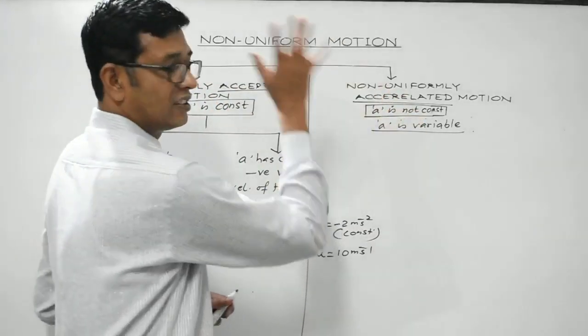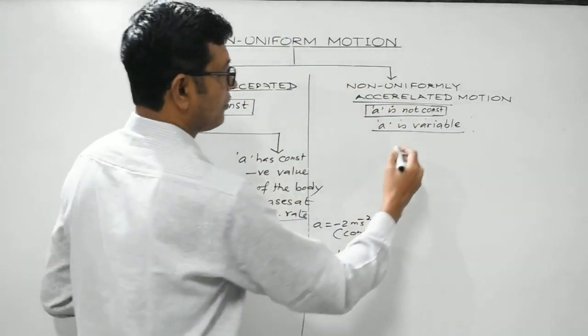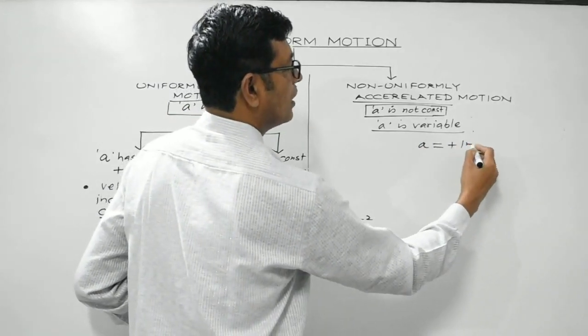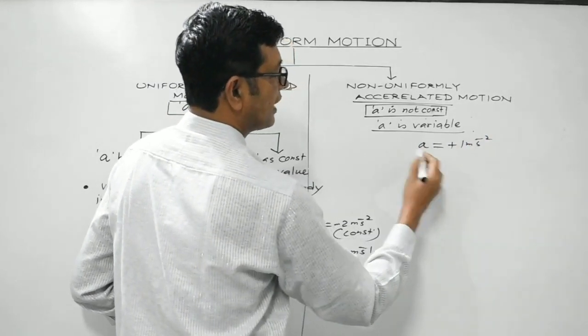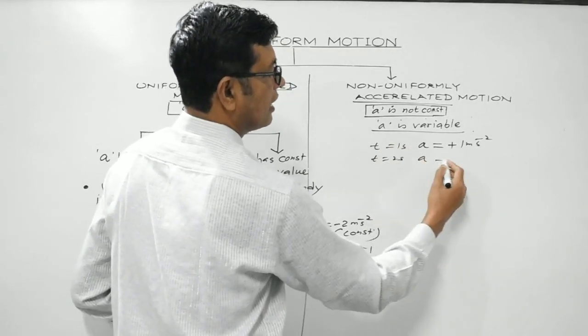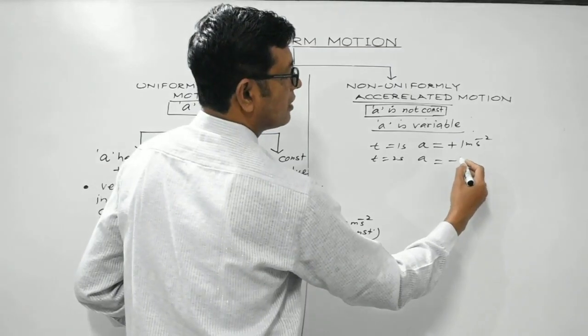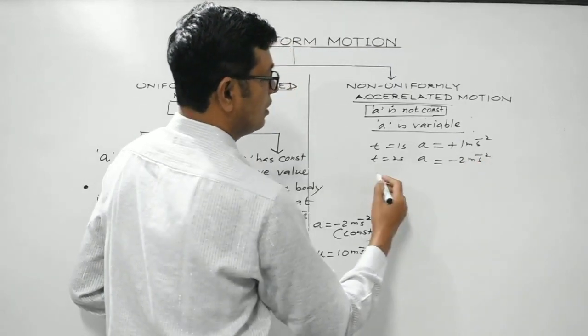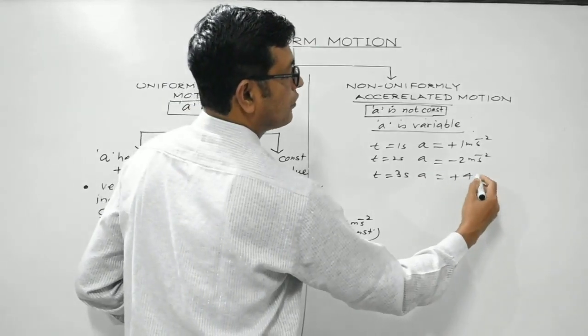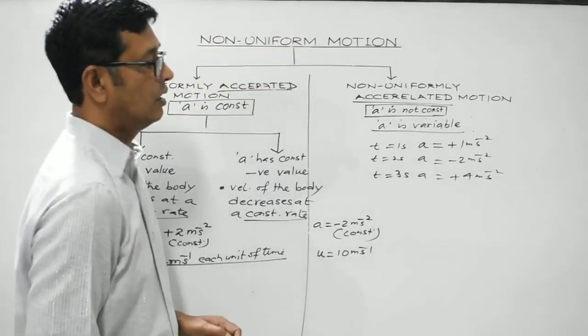While in this case, suppose acceleration is variable. So first and foremost it is 1 meter per second square. In the second case, at t equals 2 seconds, acceleration is minus 2 meter per second square. At t equals 3 seconds, acceleration is plus 4 meter per second square. Understood now?